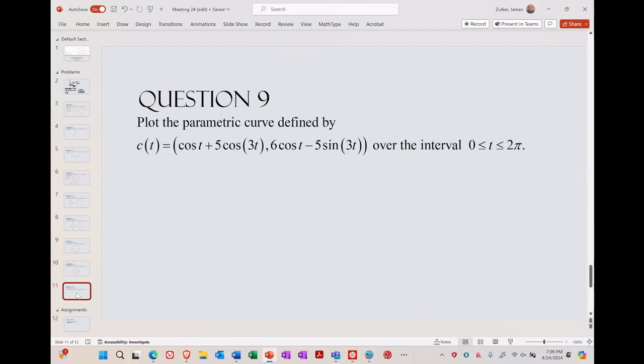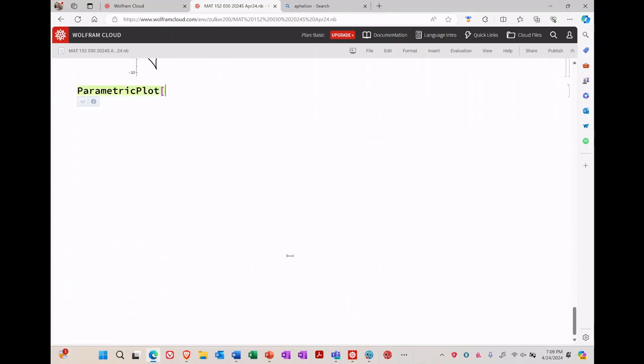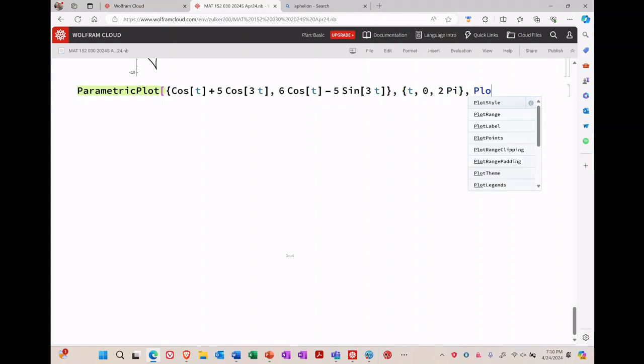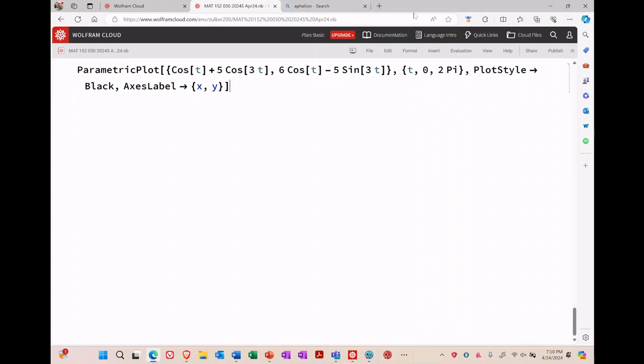And I saved the coolest for last. Cos t plus 5 cosine 3t, 6 cosine of t minus 5 sine of 3t. Really like this one.